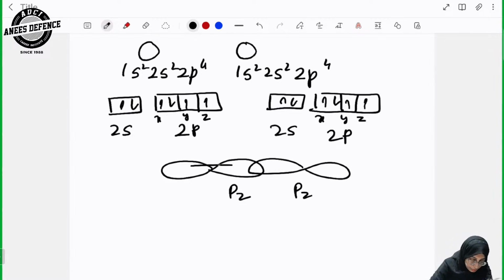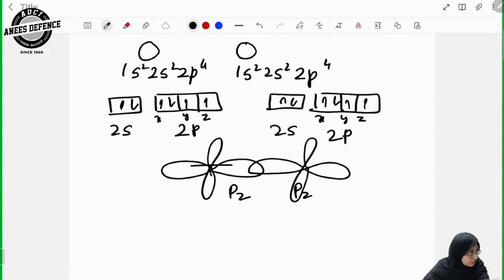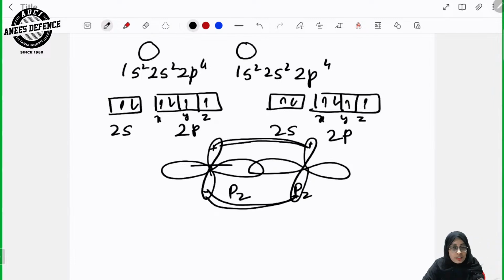But py also has one unpaired electron, so their overlapping will be like this. They will form overlap in this way. So this is called pi bonding.